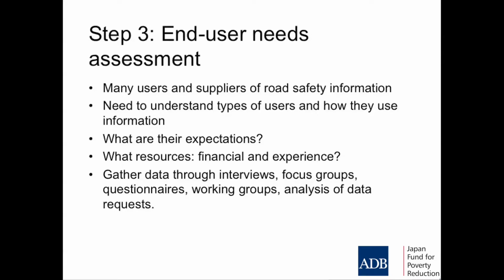Hospitals need different information. It's really important for us as road safety managers to understand who needs this information to help us improve safety. A lot of people want to help improve safety, but they need the right information to help with this process. So we need to understand what they need so they can help us.